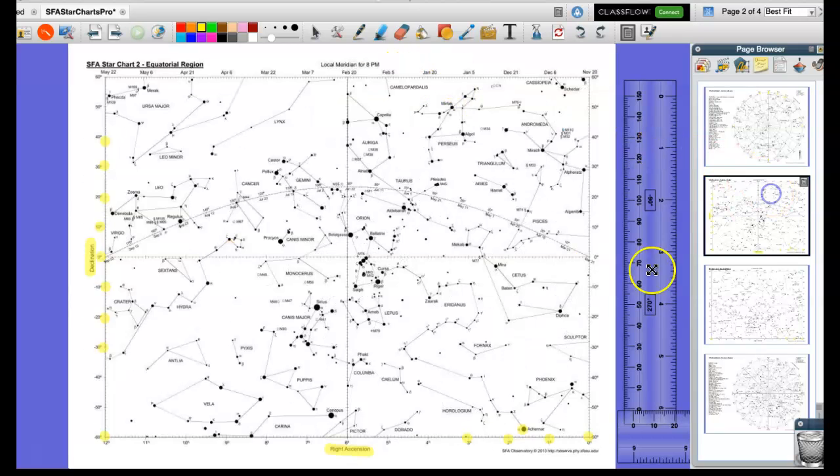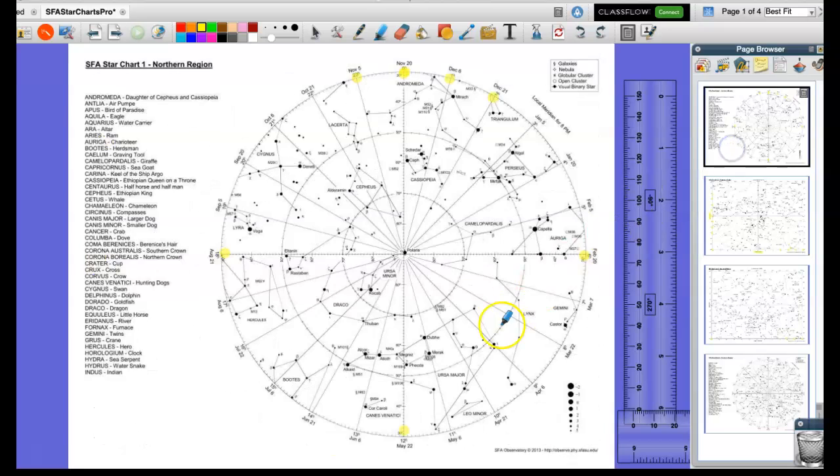So really, what's along the bottom here, our right ascension, is around the outside of the circle, and it's marked again, just like the bottom of our square charts. So this outside gives us the right ascension of our stars.